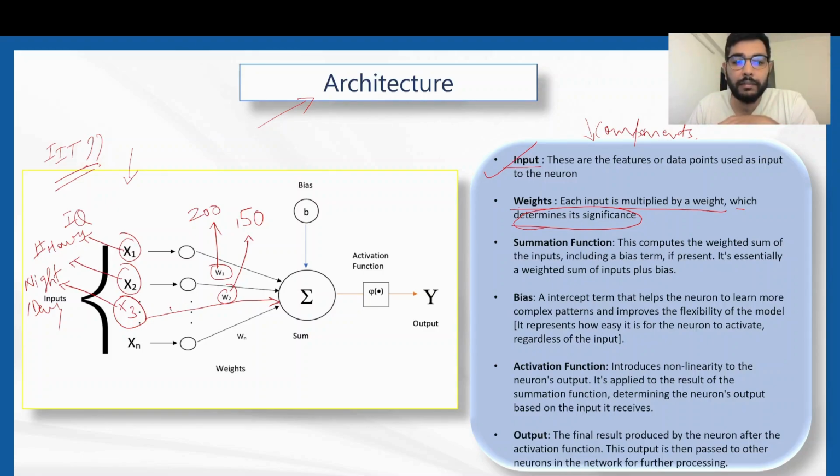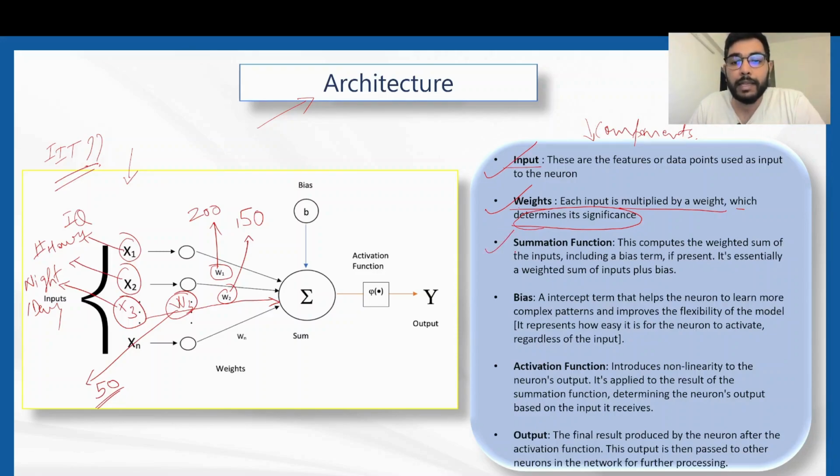So we'll have this W3 weight as 50. So this solves our purpose of weights. It essentially gives the significance of that particular input feature, how important it is, the predictive power of that particular feature to solve that problem.